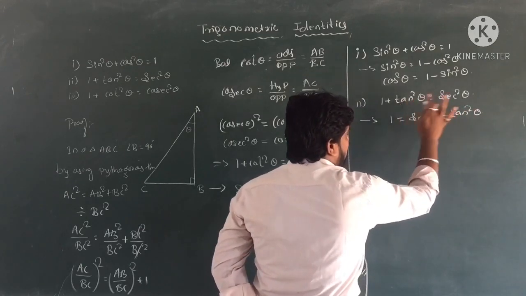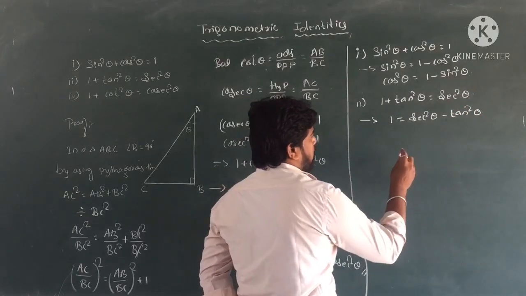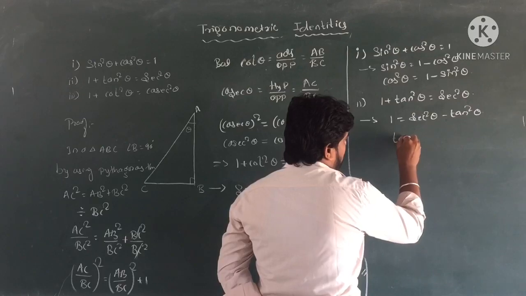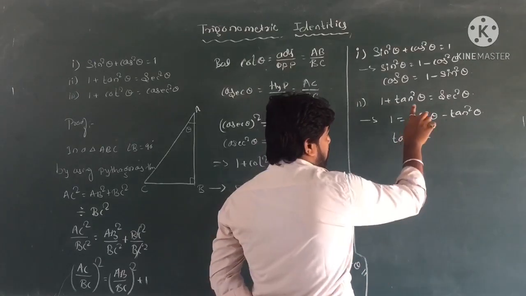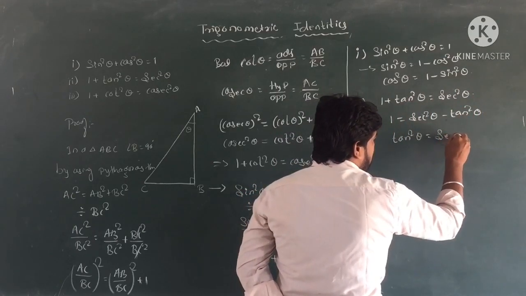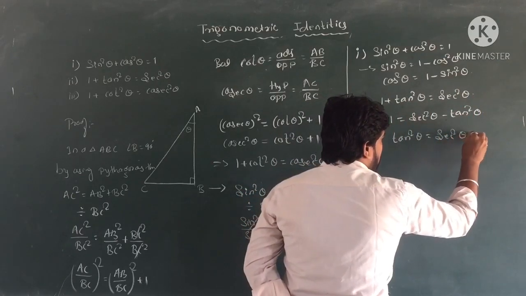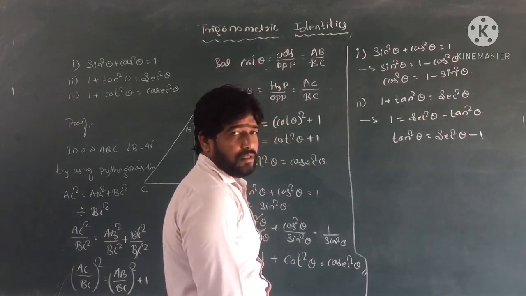So tan comes this side, this becomes a minus, right? And another one, tan square theta is equal to, 1 comes this side, this becomes a minus, sec square theta minus 1, right?